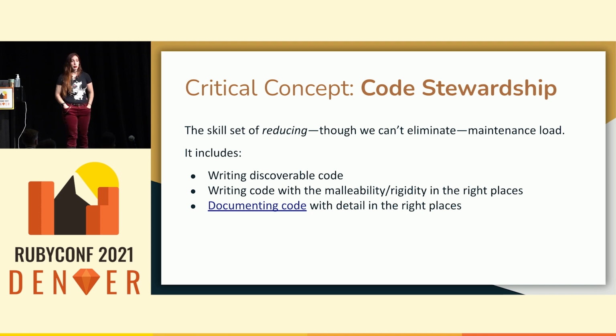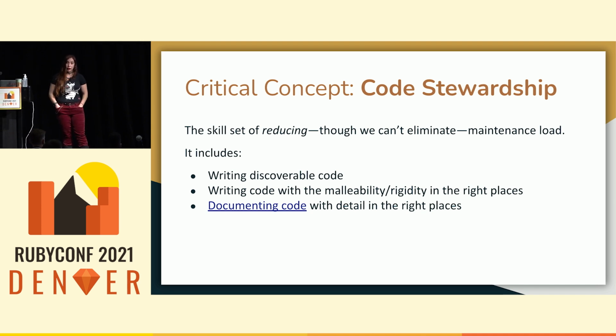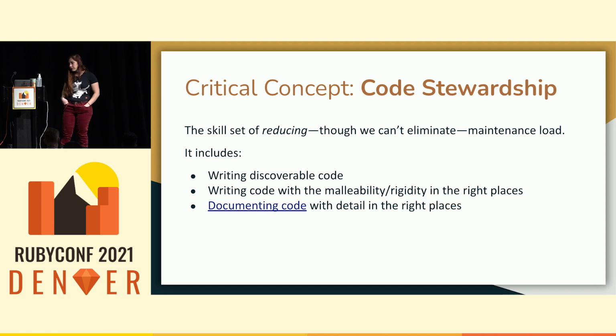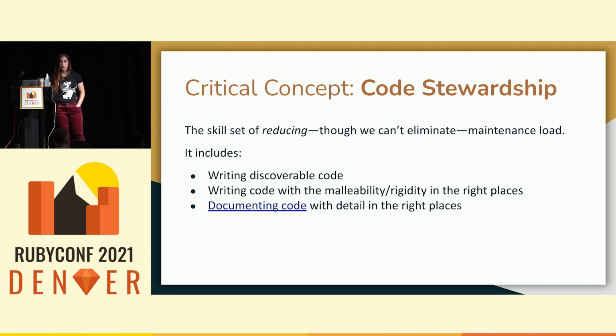We ask programmers to be good writers and good indexers and good teachers and that kind of thing. That's a separate skill set, and it's a difficult skill set. Writing is hard. And so when we ask programmers to do that on the side of their programming job, yeah, a lot of the documentation ends up not being what we want it to be, right? But that's a code stewardship skill.